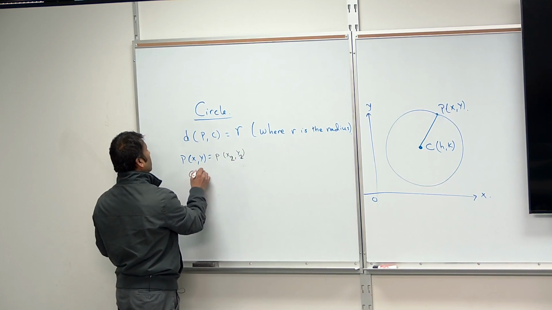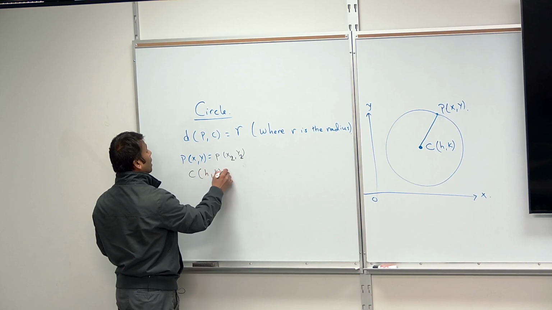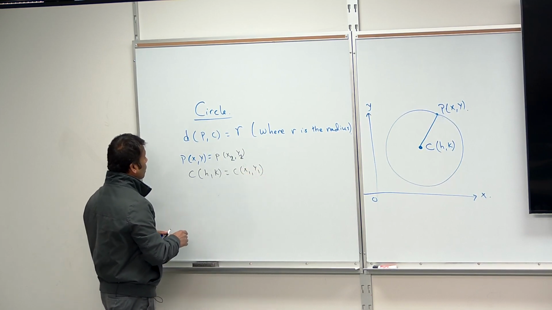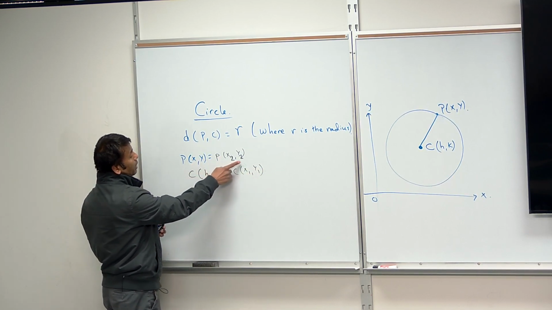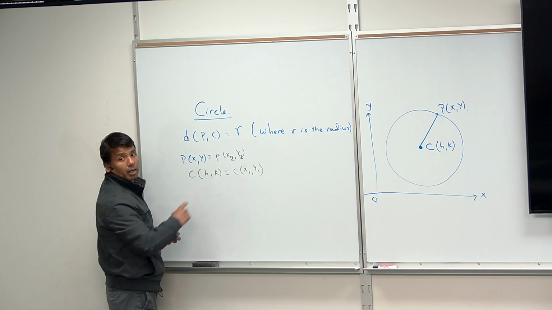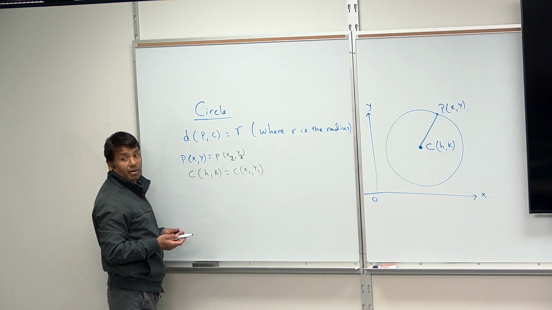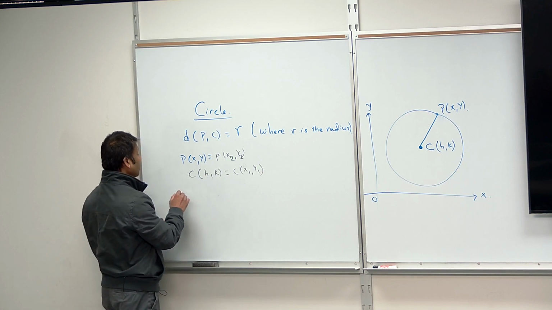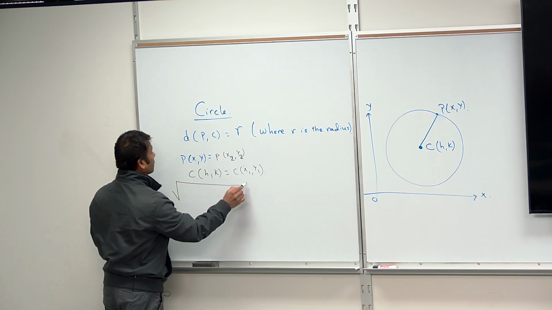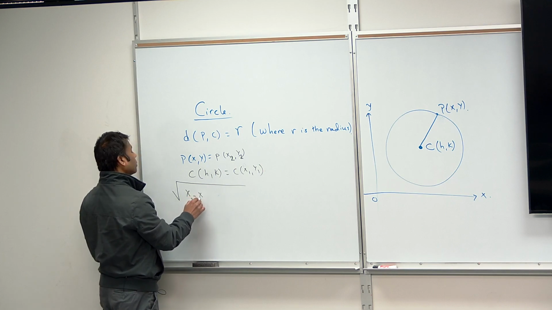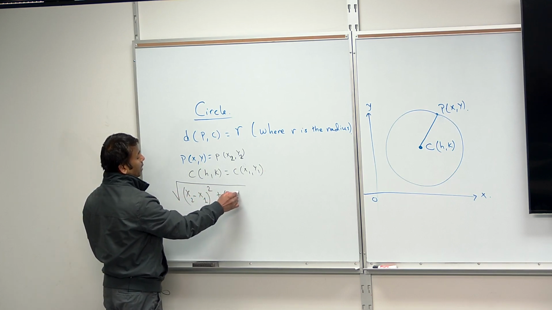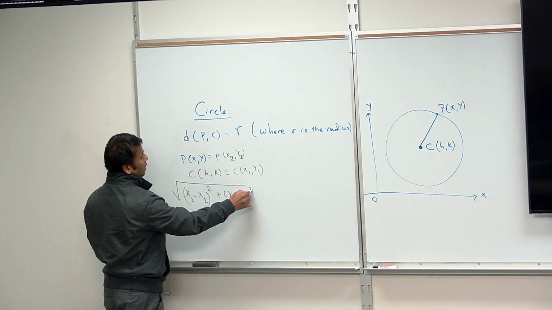And C(h, k) is the other point. You know the distance formula: radical of (x2 minus x1) square plus (y2 minus y1) square.